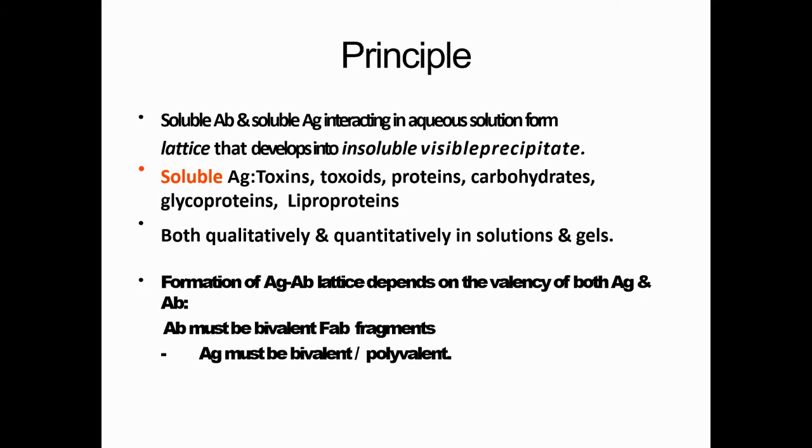The antibody must be bivalent, with bivalent Fab fragments, and the antigen may be bivalent or polyvalent. It depends on the antigen, because we can't predict it. But the antibody must be bivalent, and the antigen must be bivalent or polyvalent.